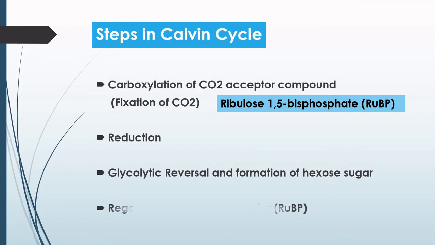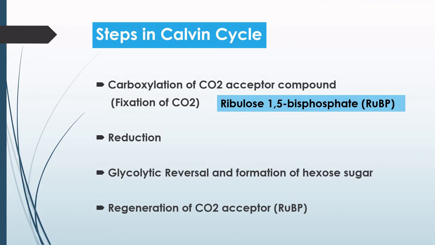The fourth step is the most important step, regeneration of the carbon dioxide acceptor, that is the RuBP, which is essential for maintaining the sustainability of the Calvin cycle. Since the carbon dioxide acceptor reserve in the stroma is limited, regeneration is highly significant for the continuous operation of the C3 cycle.